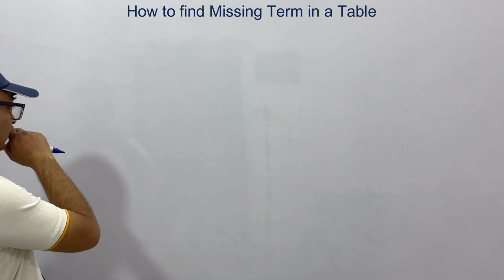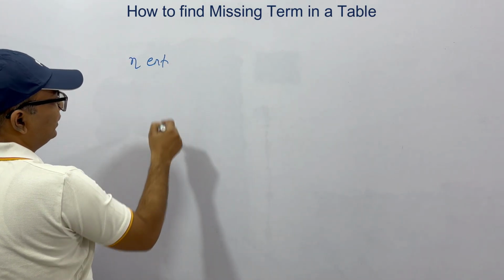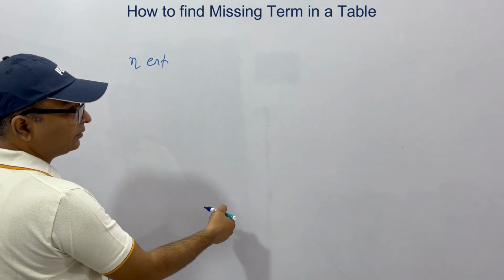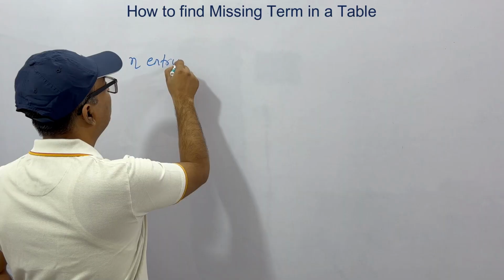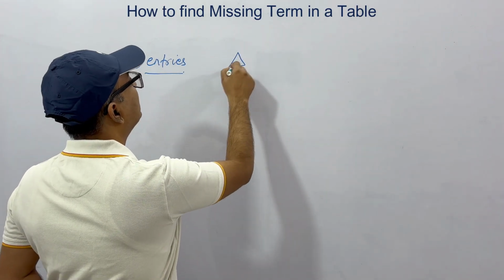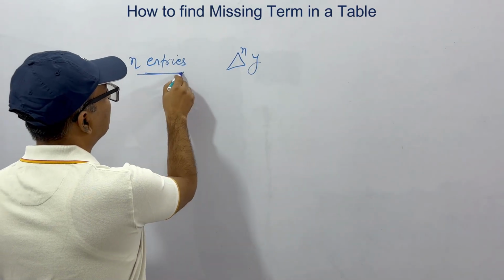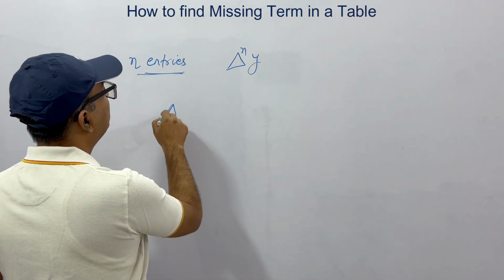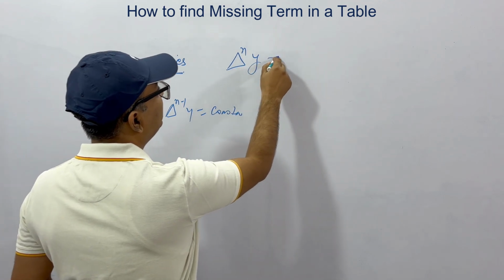The first method is: if we have n entries given, like here we had three values given, three entries given, and we had to find one entry. So if n entries are there, then del n minus 1 y will be a constant and del n y will be 0.